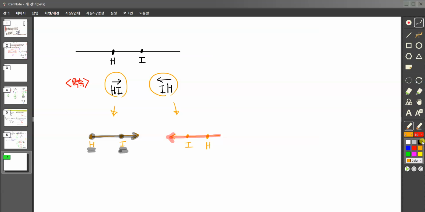Okay, so IH is from I to H, so the H has a different place. H is the starting point, I is the passing-through point, and it goes to the right side. But in this one, from I, it goes to the left side, passing through H. So that one is right and this one is left. The first one goes to the right and the second one goes to the left.